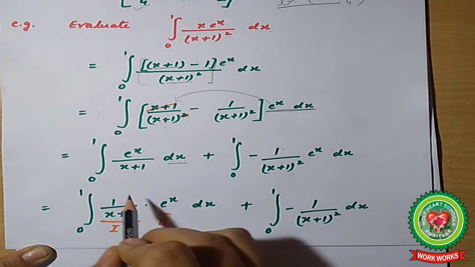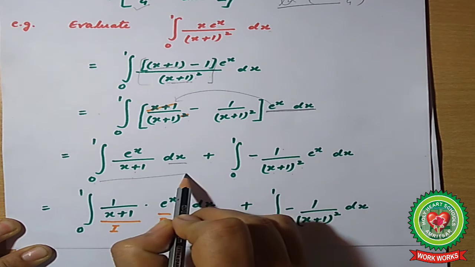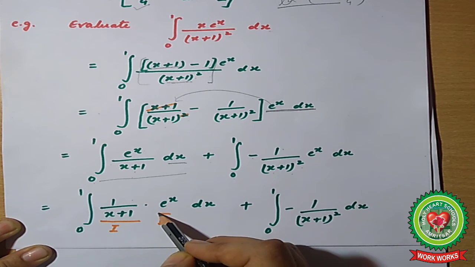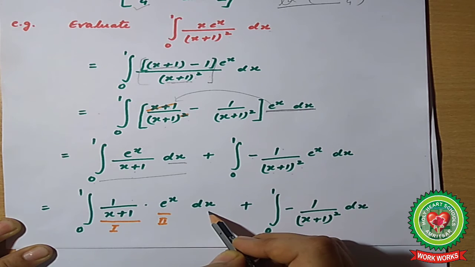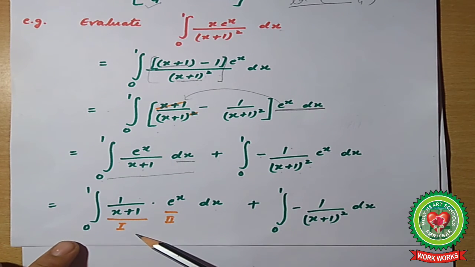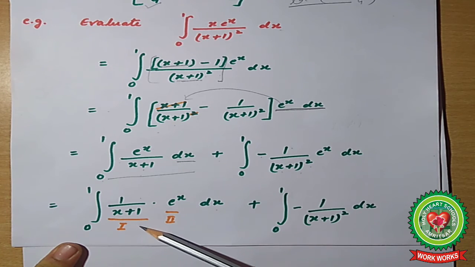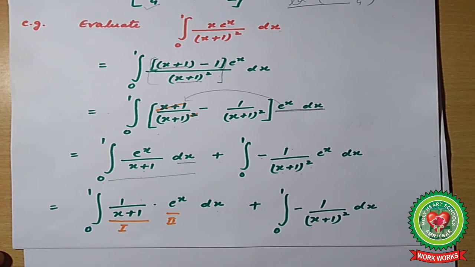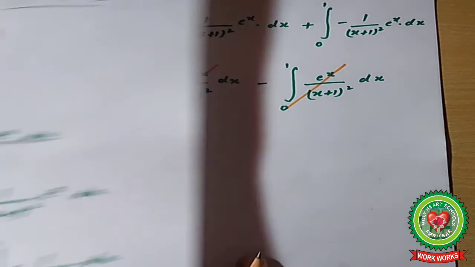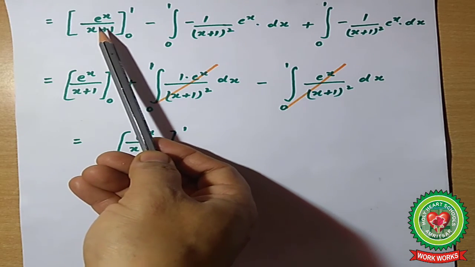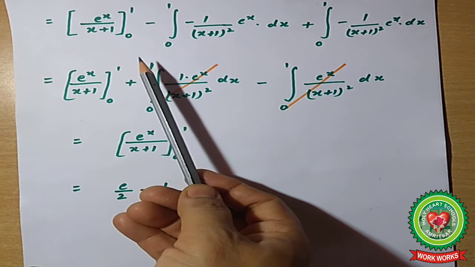We will solve this integration by parts. 0 till 1, 1 upon x plus 1 e raised to power x dx. Now, according to ELATE, we will take the exponential function as the second function and 1 upon x plus 1 as the first function. When we integrate this integral term, we will find out that first function as it is there and integration of the second function.